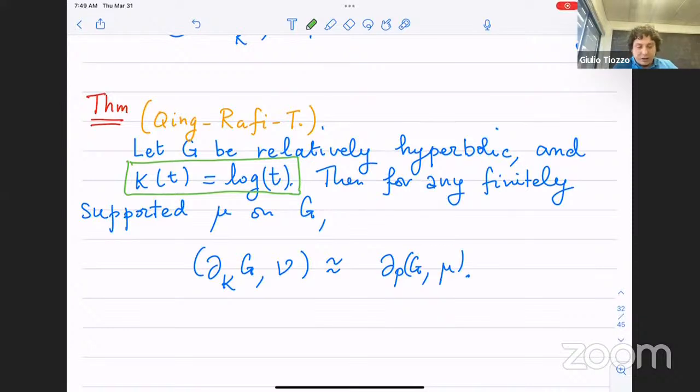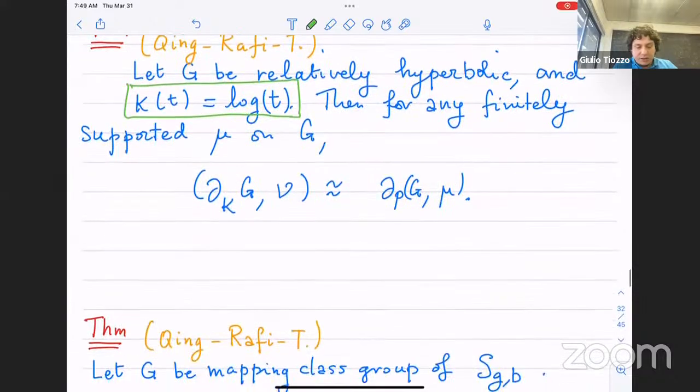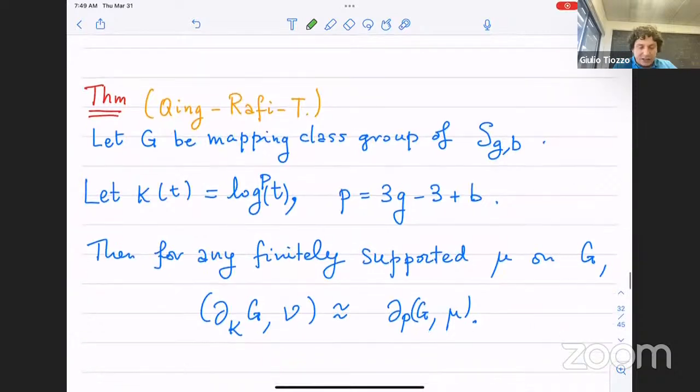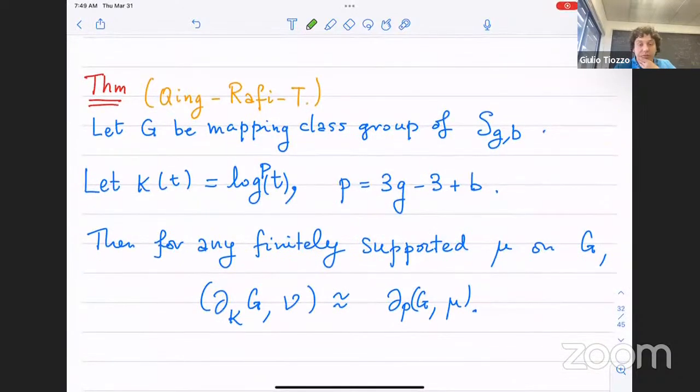And the other situation is similar, but slightly more technical, which would be for the mapping class group. So you start with a mapping class group of a surface with genus g and b punctures, and we use kappa to be log^p of t.